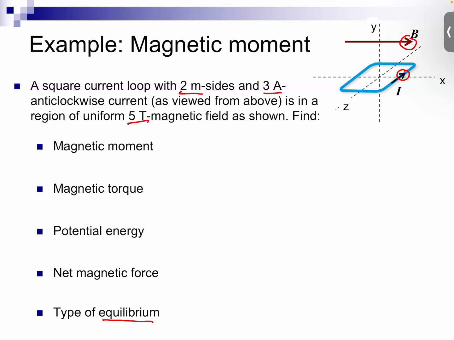Magnetic moment is defined as NIA. N is the number of loops. You only have a single current loop that's square, so N is equal to 1. The current is 3 amperes.